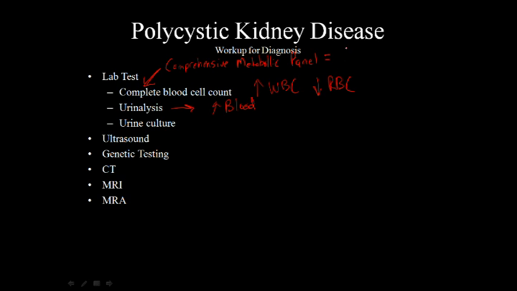And you're going to look for creatinine, BUN, and GFR. Typically someone who is going to have an increase in renal insufficiency, you're going to see a marked increase in BUN and creatinine and a rapid shift in the GFR to a downward trend.